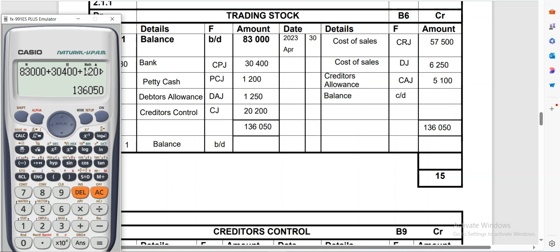136,050, I subtract 5,100, minus 6,250, minus 57,500. I'm getting 67,200, but let's check. 136,050 minus 5,100 minus 6,250 minus 57,500, it is giving us 67,200.